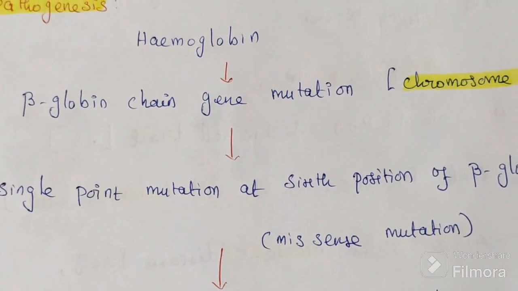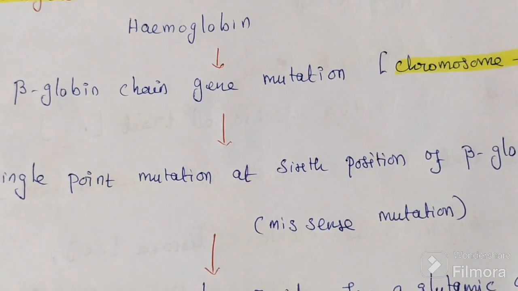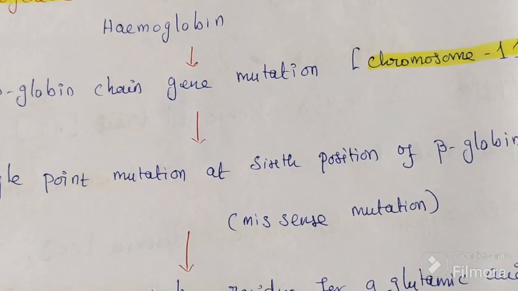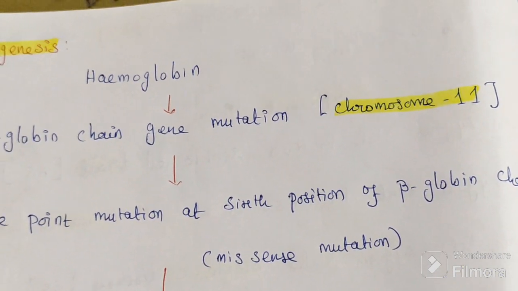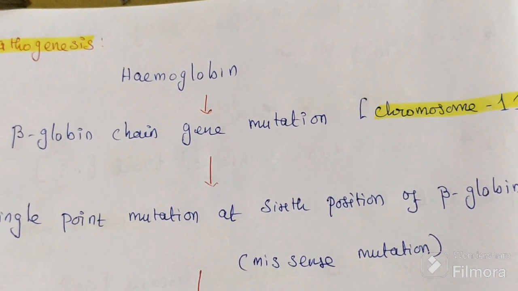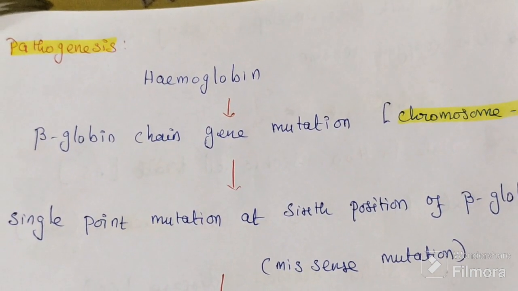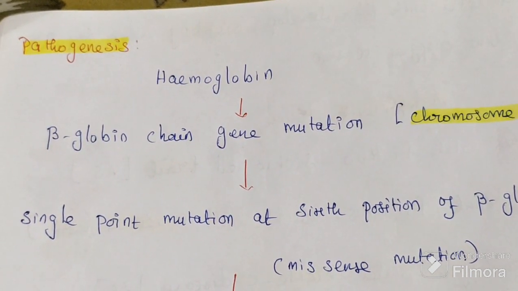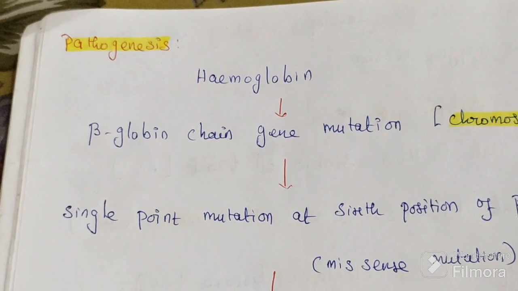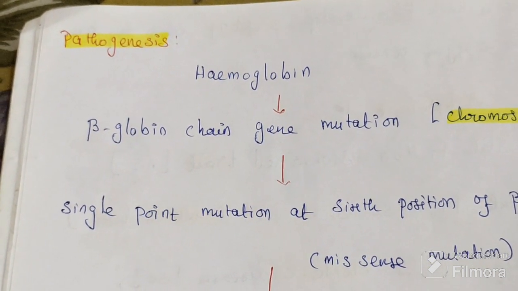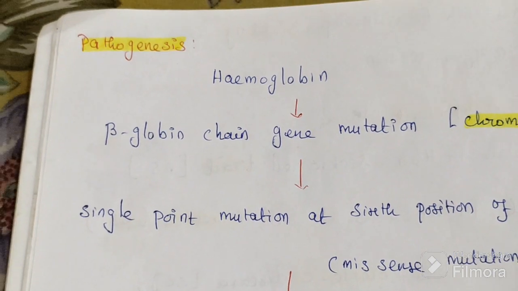Next, pathogenesis of sickle cell anemia. There is a problem in the gene which codes for the beta chain of hemoglobin. In adult hemoglobin, hemoglobin A has 2 alpha chains and 2 beta chains. In sickle cell anemia, there is no problem in the alpha chain.